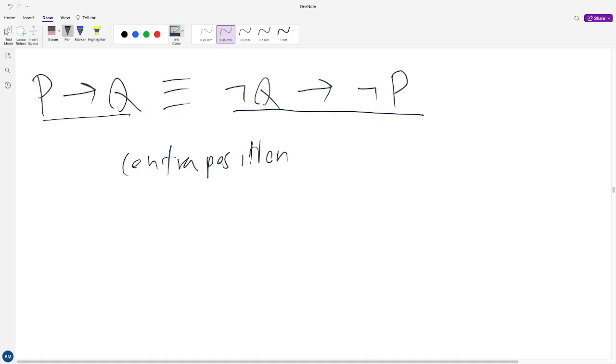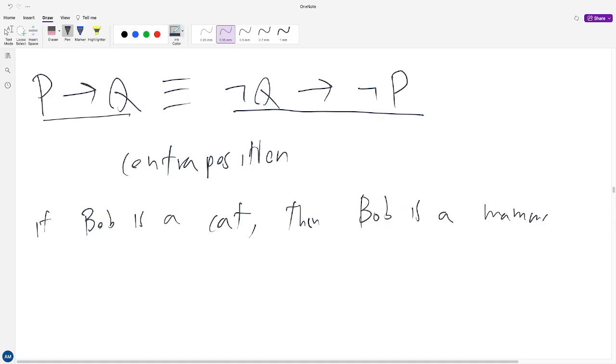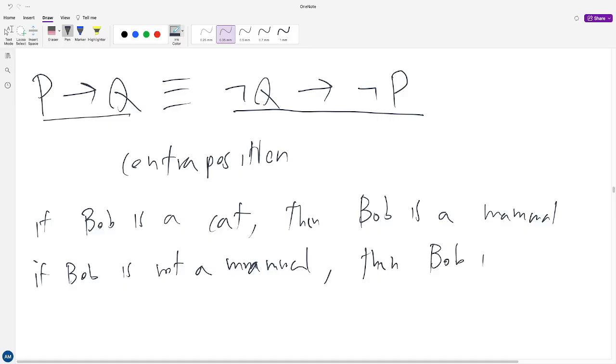We're also negating them. So if I say, if Bob is a cat, then Bob is a mammal, that's the same thing as saying if Bob is not a mammal, then Bob is not a cat.